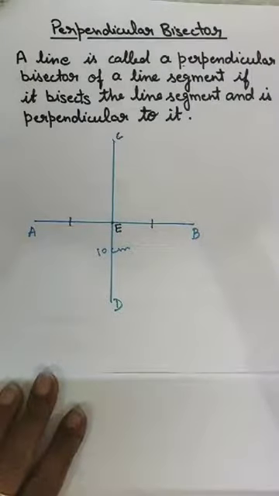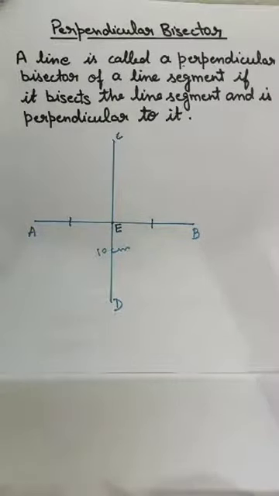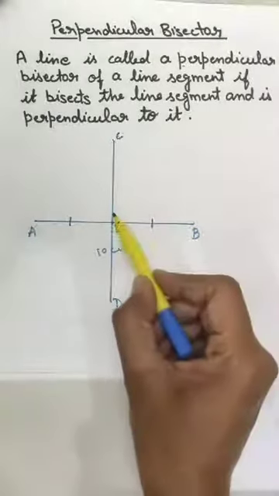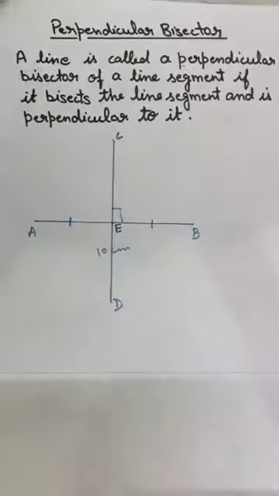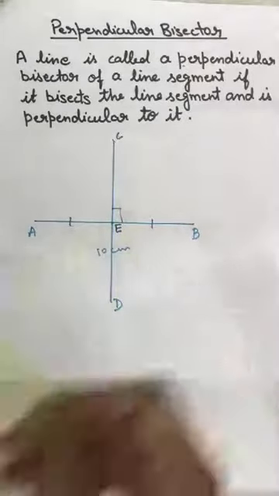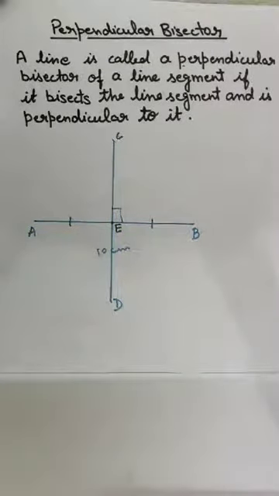It is bisecting, I said, that is dividing a given line segment into two equal parts. So it is dividing it into two equal parts and the angle between them is also 90 degree. This angle is also 90 degree. Bisector also and perpendicular also. That's why it is called perpendicular bisector.